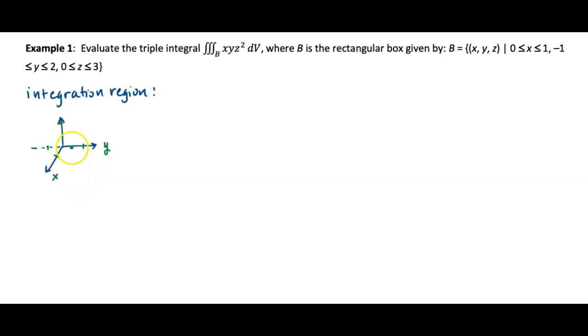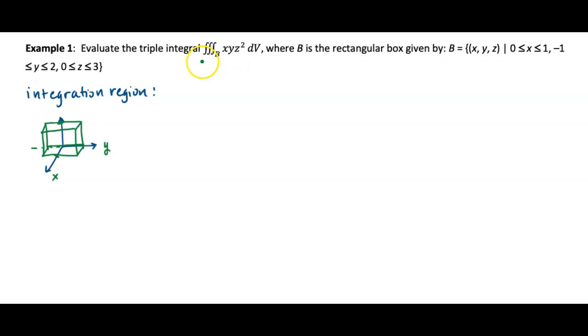So I can sketch it. It's going to look something like this.